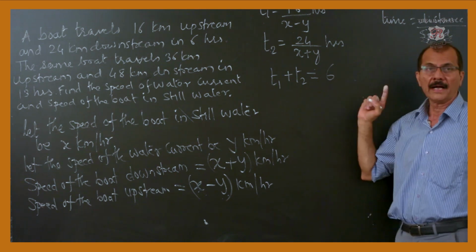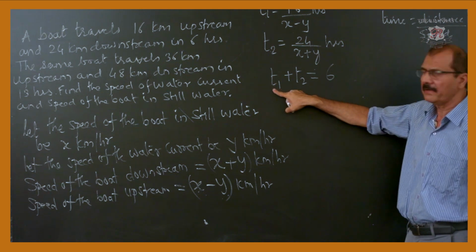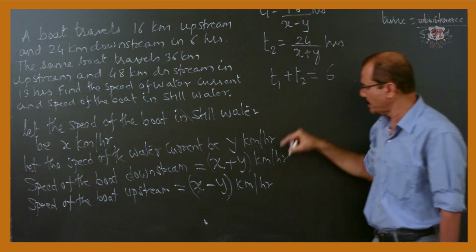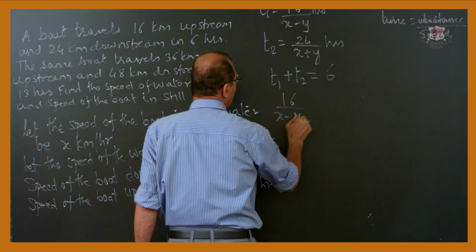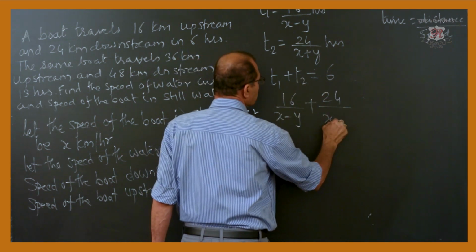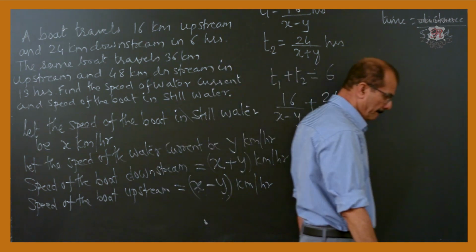This is how I am going to get one equation. Now, I will substitute the value of T1 and T2. What is my T1? 16 upon x minus y. What is my T2? 24 upon x plus y, equals 6.